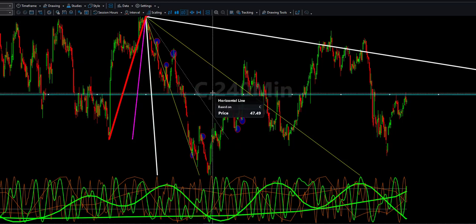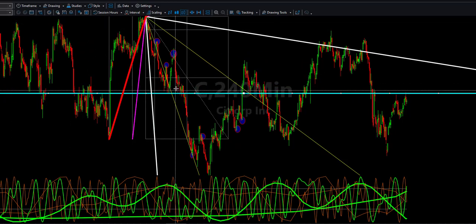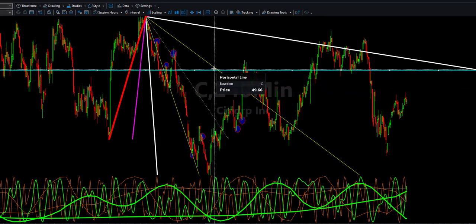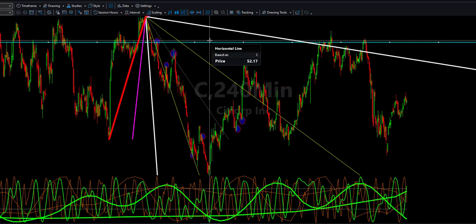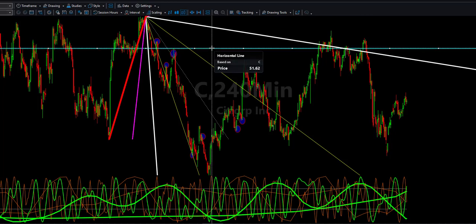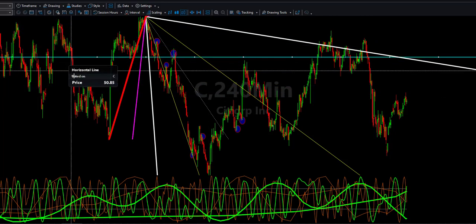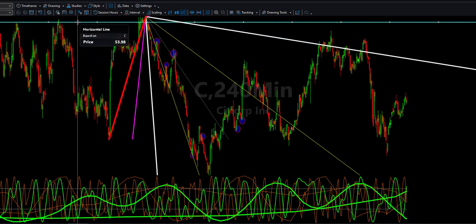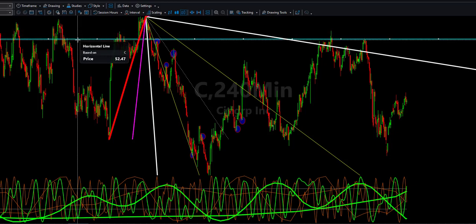There's nothing stopping us from using not only the left side pivots, we can also use these right side pivots once they are formed. Now this guy is formed, this guy is also formed. I'm using the left side pivots because it's easier for us to locate those.